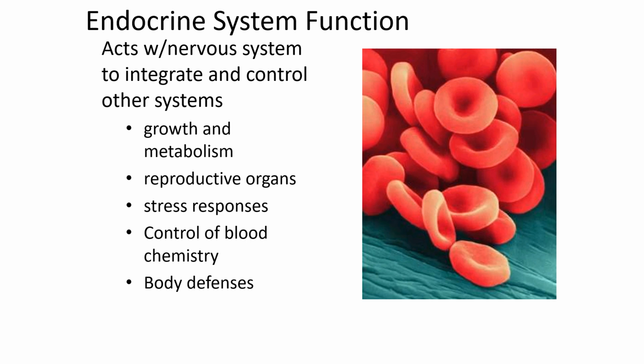Growth hormone is going to target nearly all cells within our body in its impact on the growth of our cells and tissues. And so the hormones that are produced by the system, yes, they work with the nervous system to integrate and control other systems, but ultimately they play a huge role in how we feel, what we look like, how we behave.